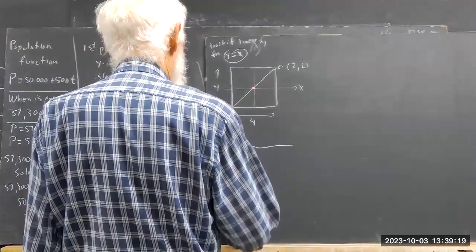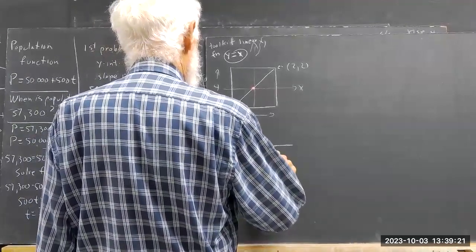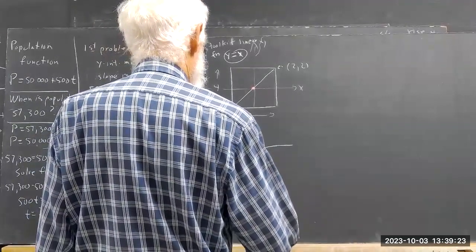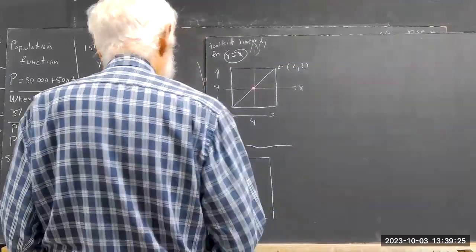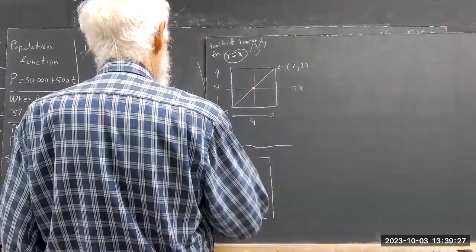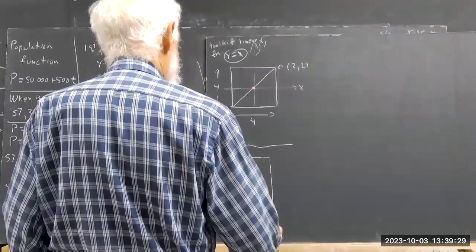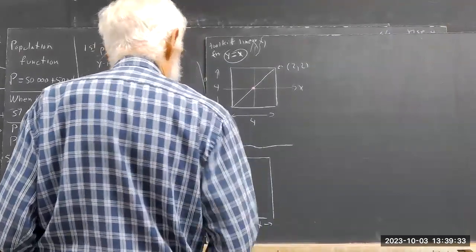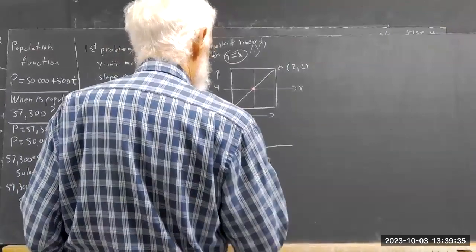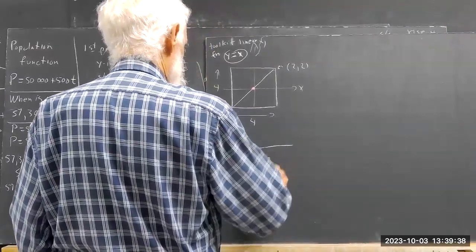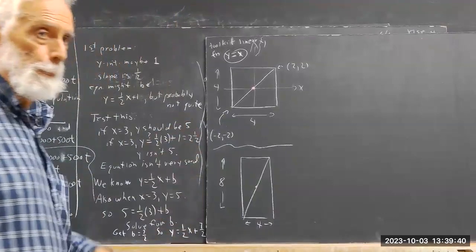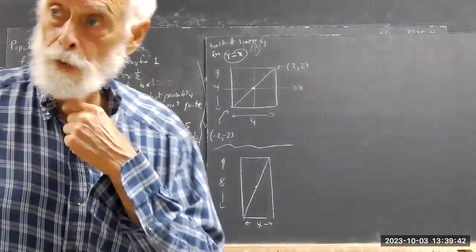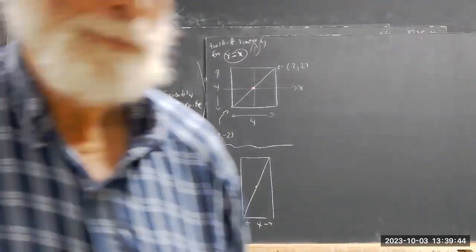Now, if I vertically stretch this graph, where it's now 8x4, the construction is still the same. Your dot's in the middle, and you just connect the upper right-hand to the lower left-hand corner.